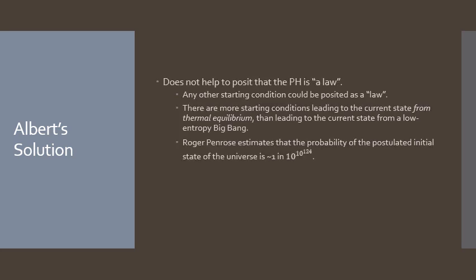It doesn't help to postulate that the past hypothesis is, quote, a law of nature, as has been suggested by at least some articles in the philosophy of science literature. Because if you can postulate the past hypothesis as a law of nature, then any other possible starting condition of the universe could also be postulated as a possible law of nature. And there are many more starting conditions leading to the current state from thermal equilibrium than there are that would lead to the current state from a low entropy Big Bang.